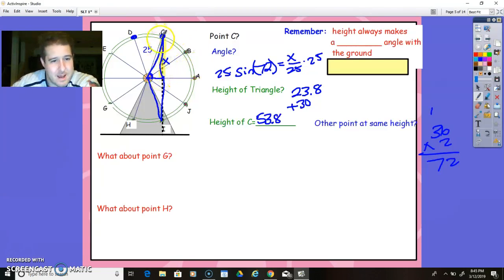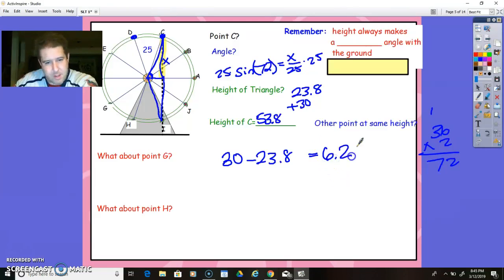So whatever this height is, then this height has to be exactly the same. But this time it's not 23.8 more than the center height. Now it's 23.8 less than the center height. So I simply subtract and I get 6.2 is the height of I. And if I is 6.2, then so is H.